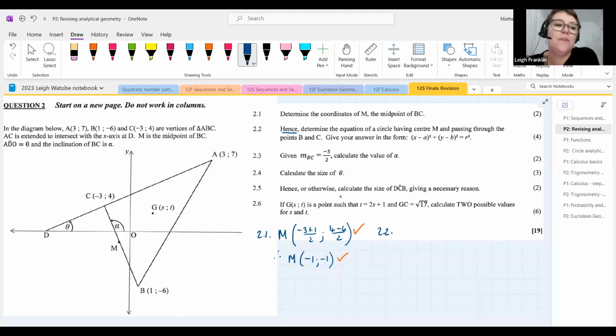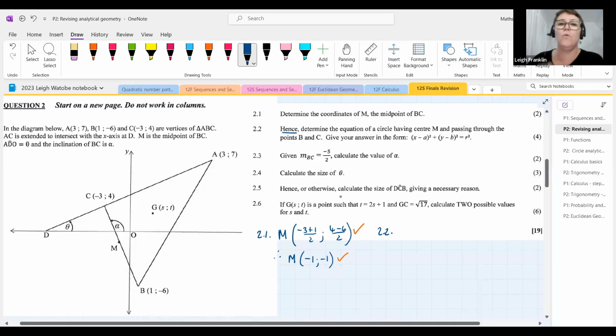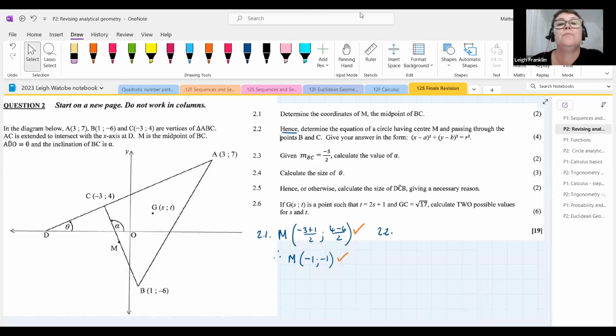How are we going to find the equation of this circle? What does the word hence mean? I think we've discussed this before. If the question says hence, what do I have to do? I have to use my previous answer.